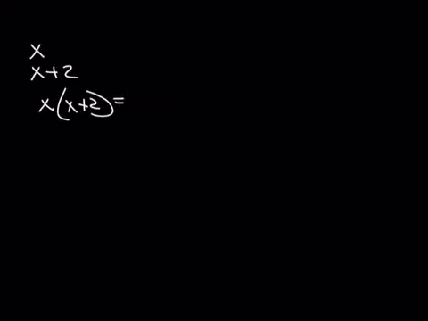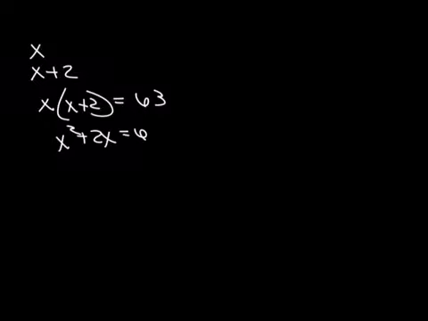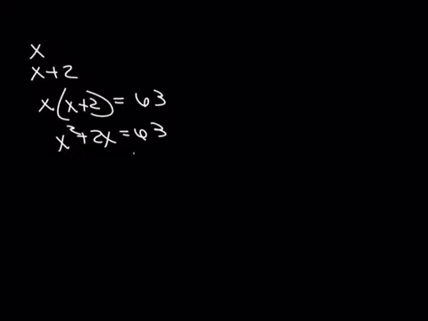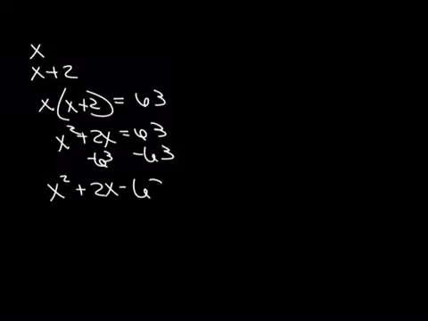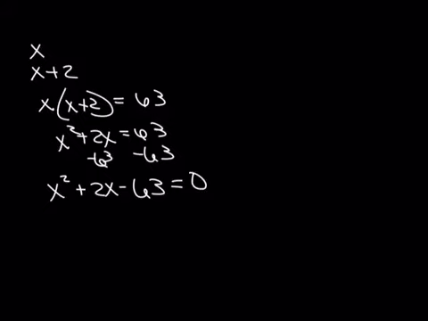And what do they want us to do with it? They want us to multiply them. So one integer times the other, and they say that that is 63. So we just solve for x, and we get x squared plus 2x equals 63, and then remember you have to set it equal to 0. So that gives us x squared plus 2x minus 63 equals 0.